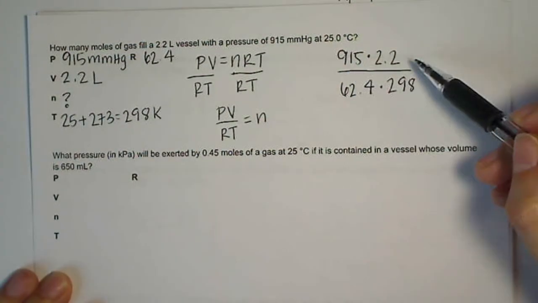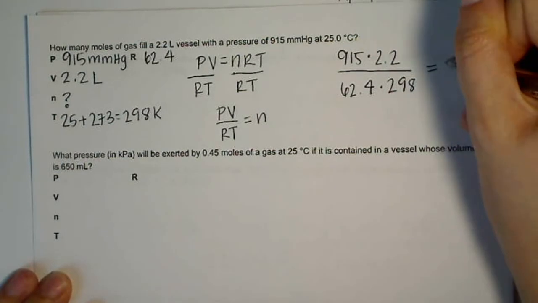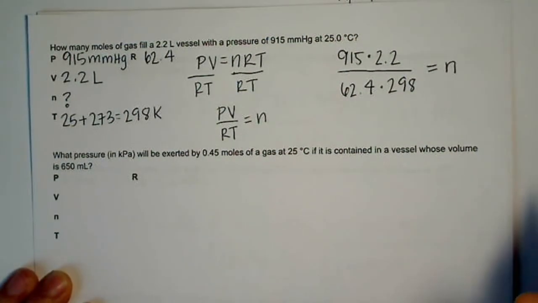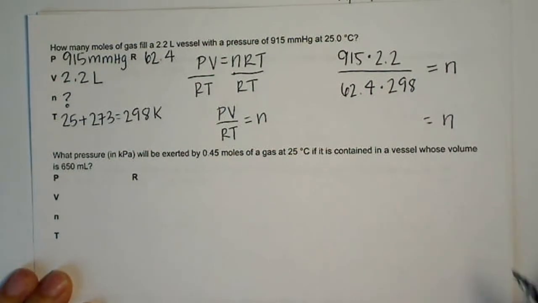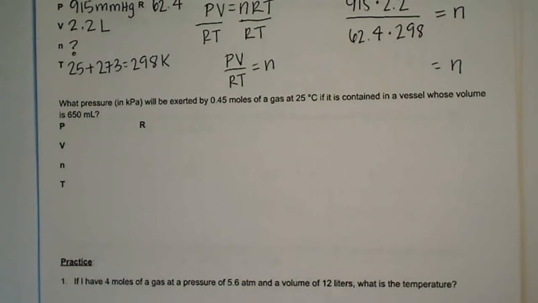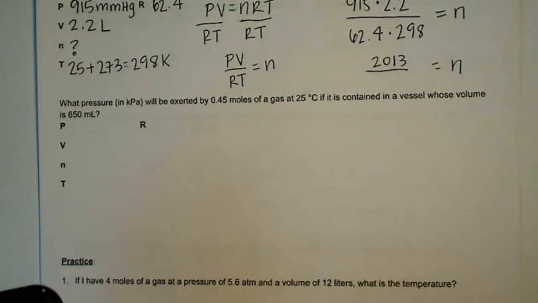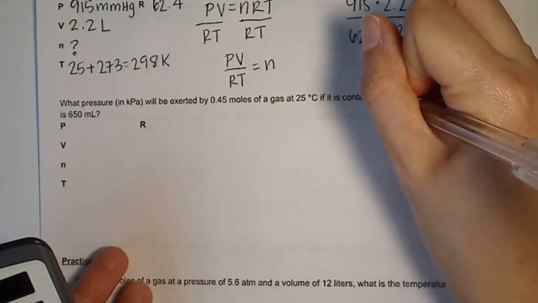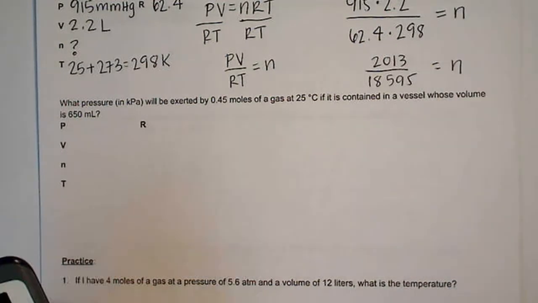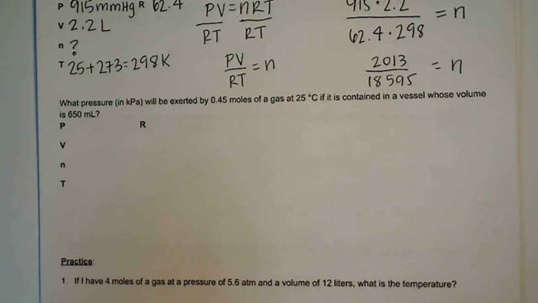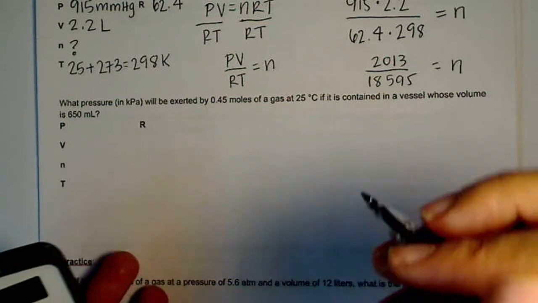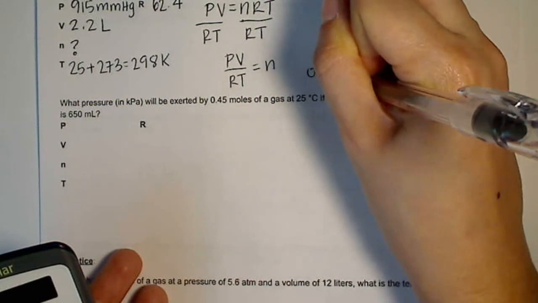We're just going to multiply the top, divide by the bottom, and that gets you your number of moles, which is N. So that gets me 0.11 moles.